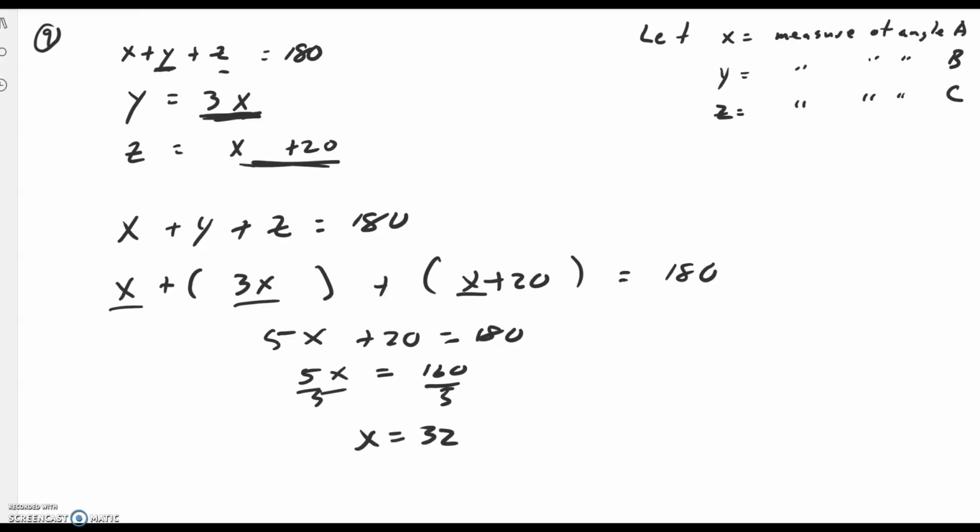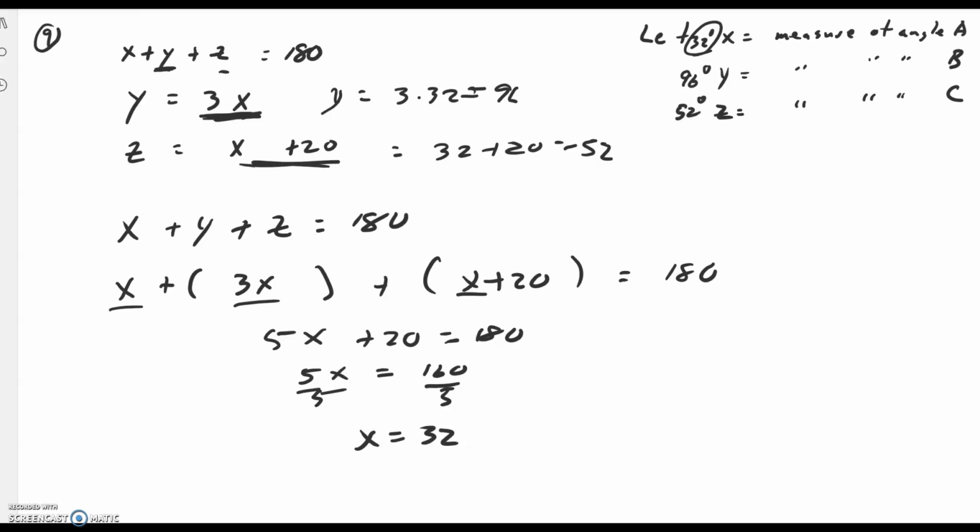So the measure of angle A is 32 degrees. Then I can put in a 32 right here and have y equals 3 times 32, which is 96 degrees. And I can put in my 32 degrees for x here and find out that z equals 32 plus 20, or 52 degrees.